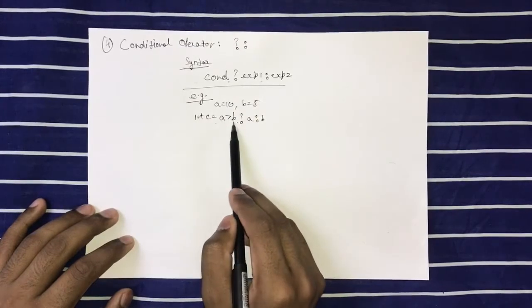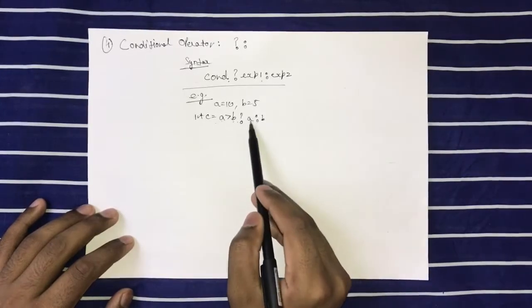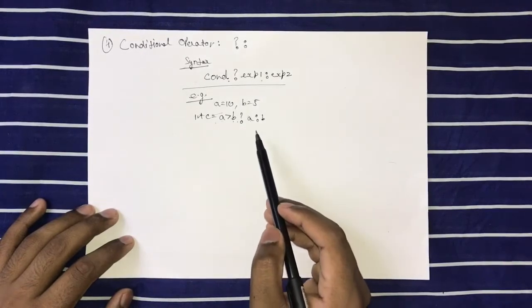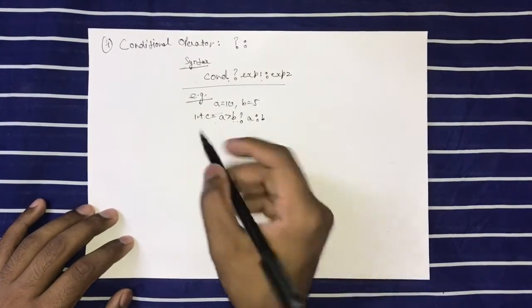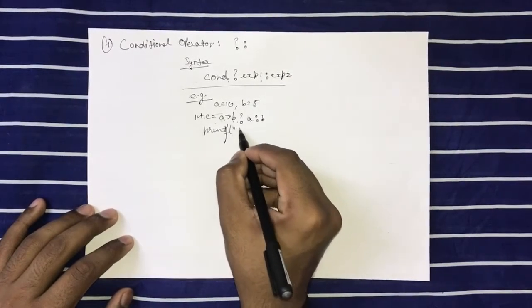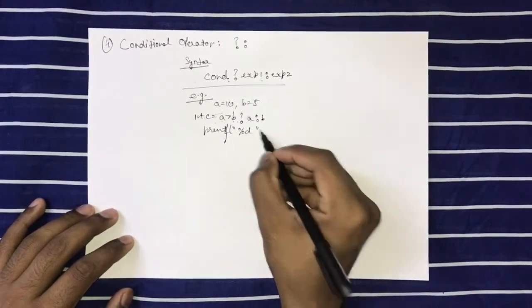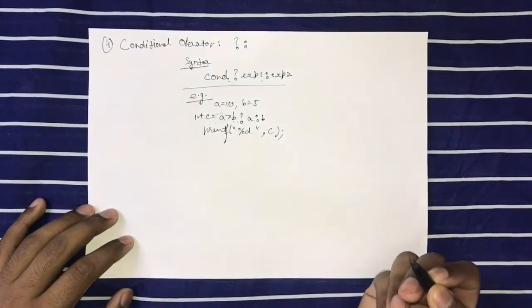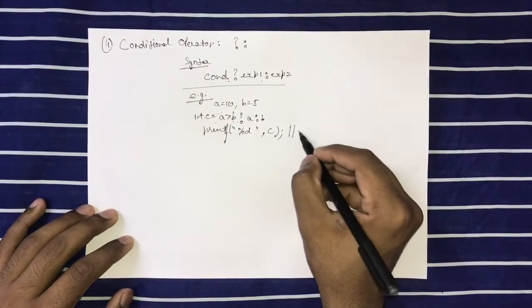So 10 is greater than 5, which is true. Now a would be passed to c. So c variable would be having value 10. If I print it over here, printf %d comma c, on my screen, value 10 would be printed.